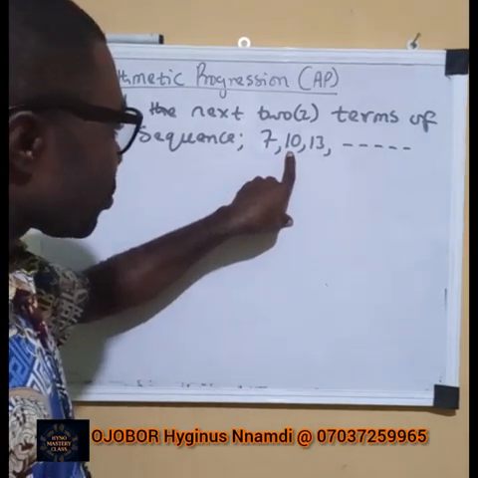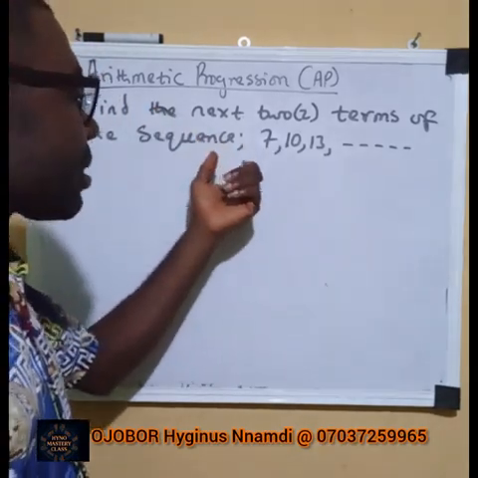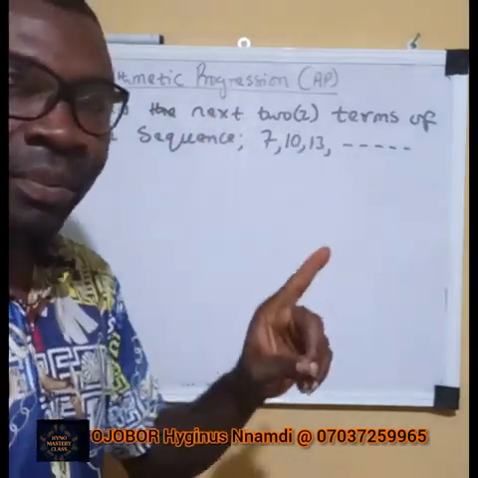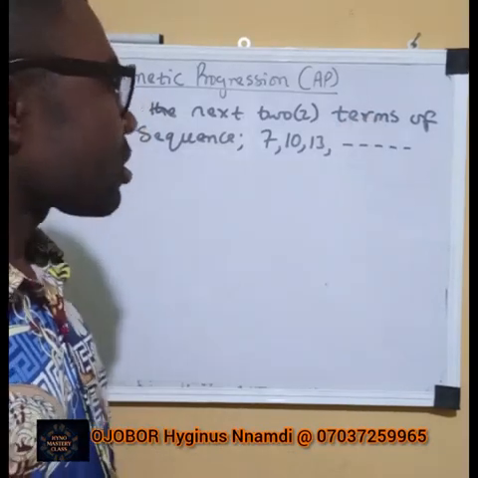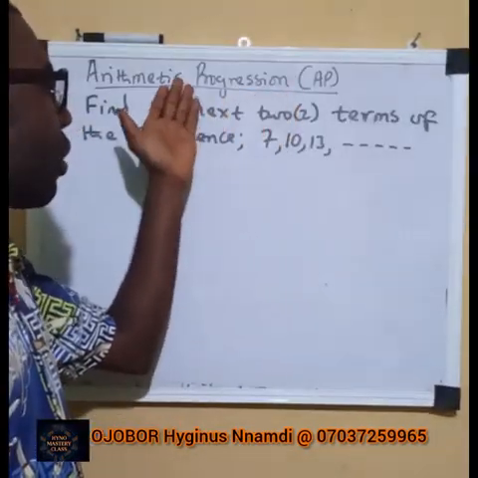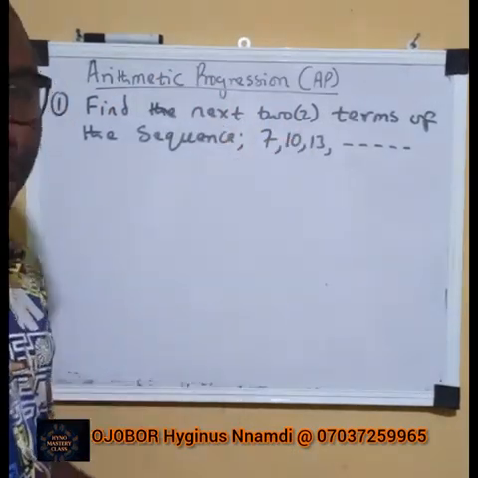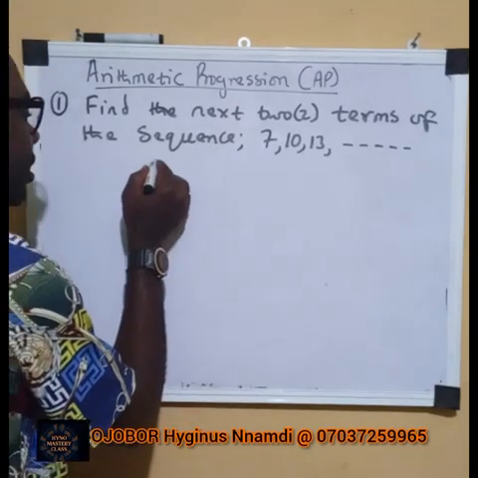If you add 3 to 10, it will be 13. So the number that is added to a number to get the succeeding number is 3. And because there is a constant number always added to get the succeeding number, that satisfies the definition of arithmetic progression. So we are going to say that this is an arithmetic sequence.